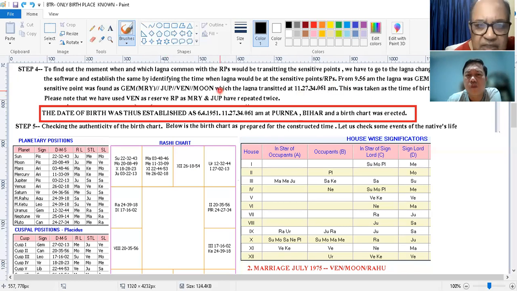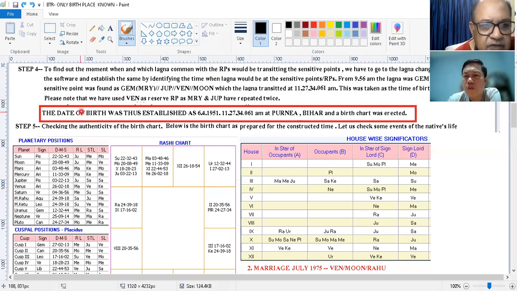This coincides, on that given day, with our strongest ruling planets. This is the movement of the ascendant that we found at 11:27 a.m.